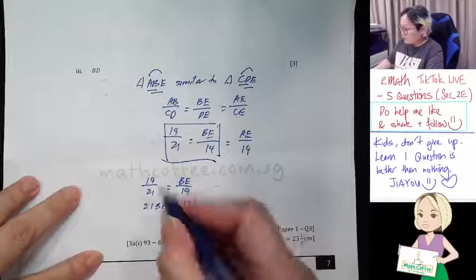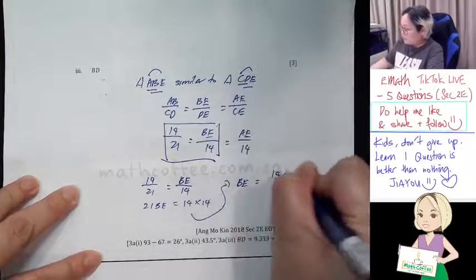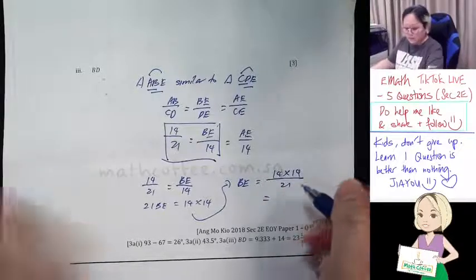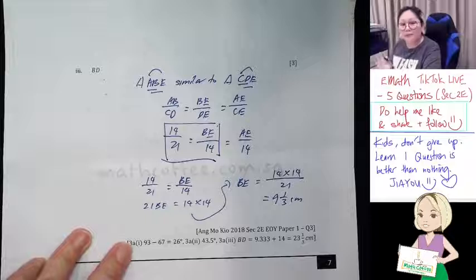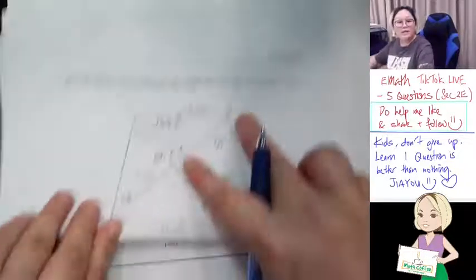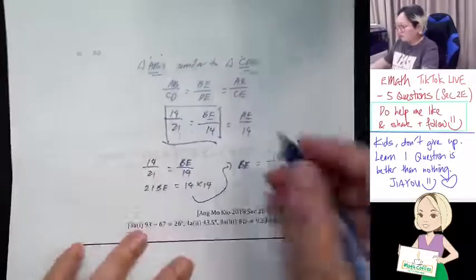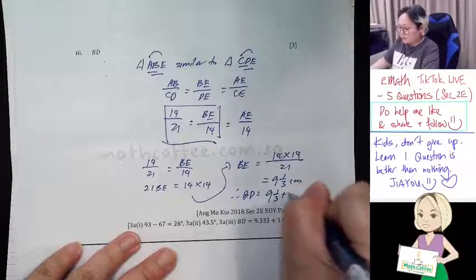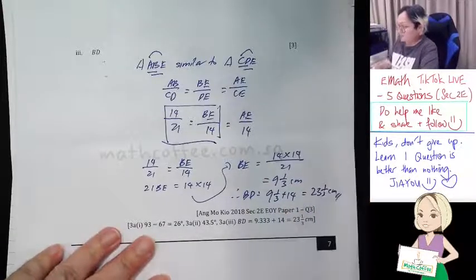So BE is equal to 14 times 14 over 21, and that will give me 9 1/3 cm. But we are not done yet because this is only BE. I want BD, so I still need to add my 14. Therefore, BD is equal to 9 1/3 plus 14, which equals 23 1/3 cm. Done.